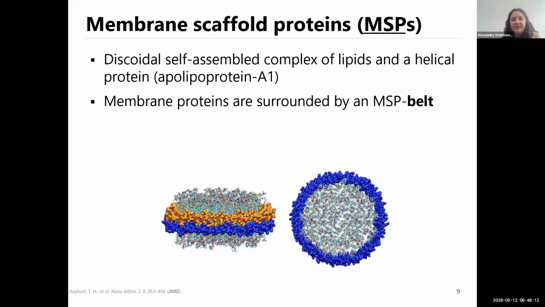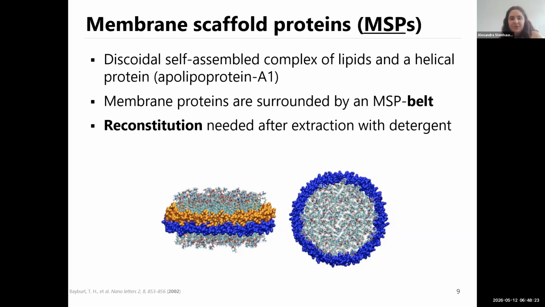There exist many variants of these belt proteins. We chose to work with one, but I will come to that when I speak of the workflow. More important for now is that a reconstitution step is always needed if you want to get your membrane protein into an MSP nanodisc. So you first need to extract, and then you need to reconstitute, but I will come to that.